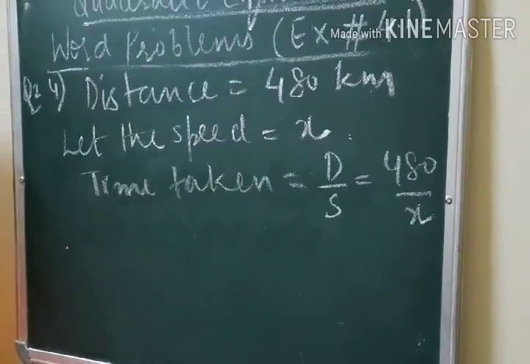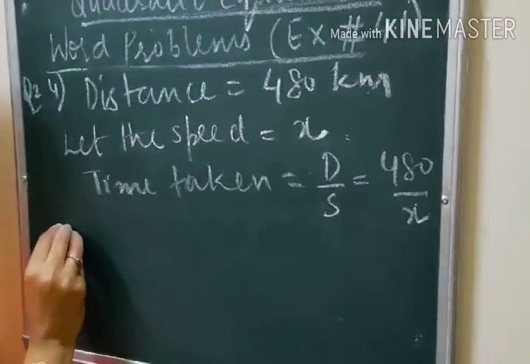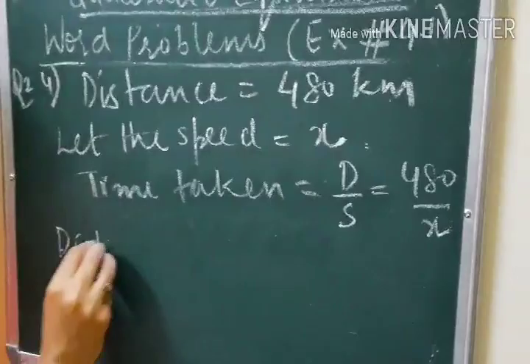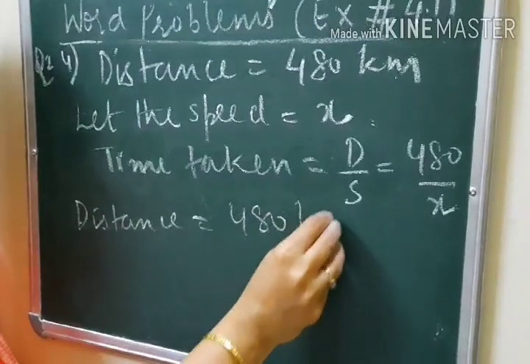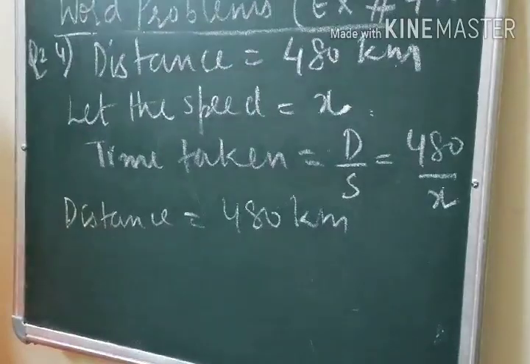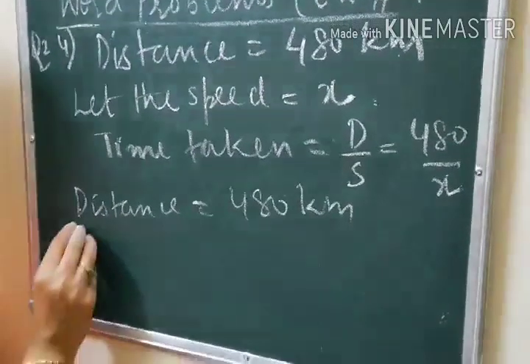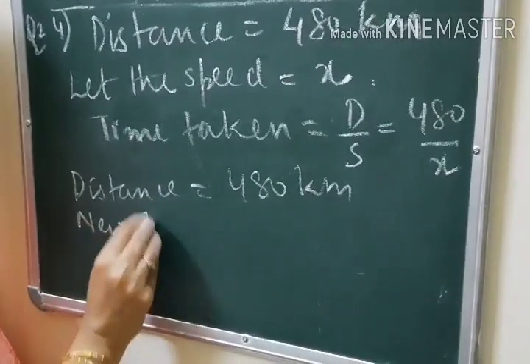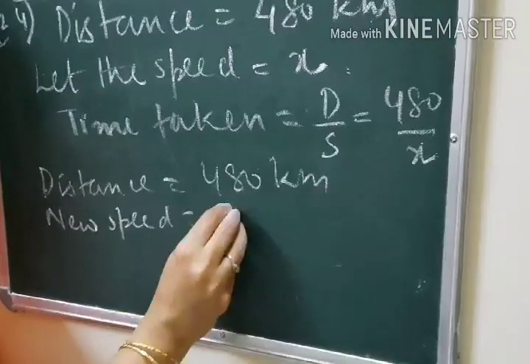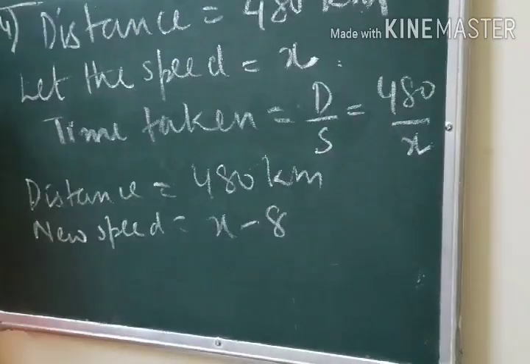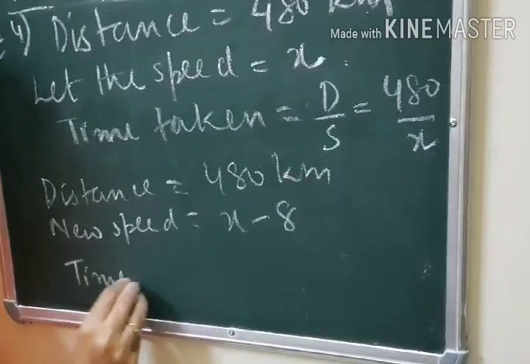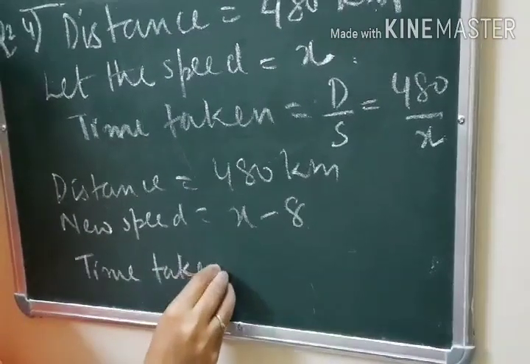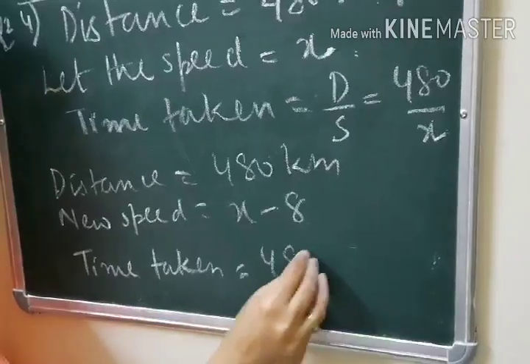First I have taken how much time it will take to cover 480 kilometers with the speed x. Now the distance covered is the same, 480 kilometers, but the speed has been reduced by 8 kilometers per hour. So the new speed is x minus 8, and the new time will be 480 upon x minus 8.